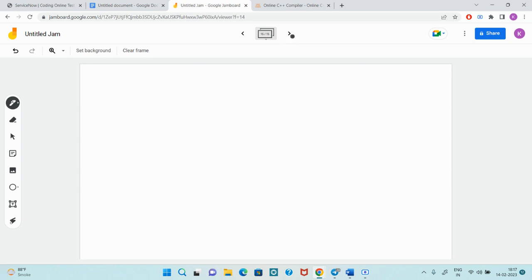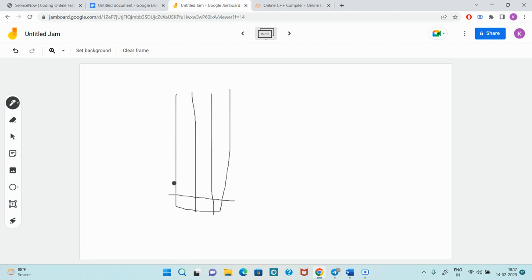But guys, let's just say we again have the same thing. What if I kept something like this? One stick here, one stick here, and the third stick and the fourth stick.